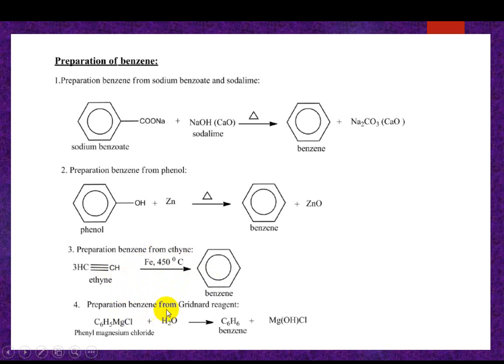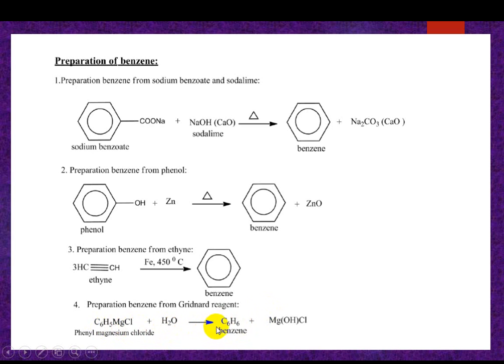So, preparation of benzene from Grignard reagent. We know what a Grignard reagent is: an alkyl or aryl magnesium halide, like methyl magnesium chloride or ethyl magnesium chloride, is called a Grignard reagent.